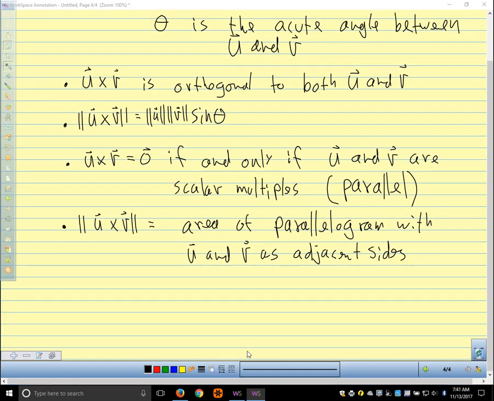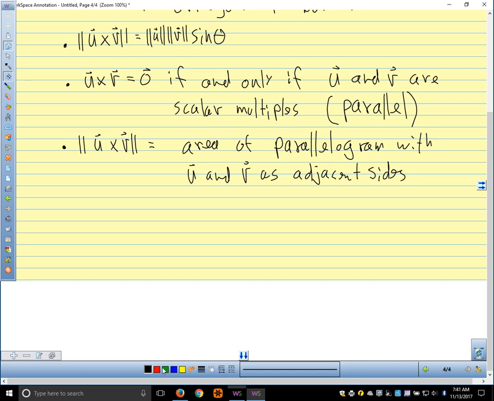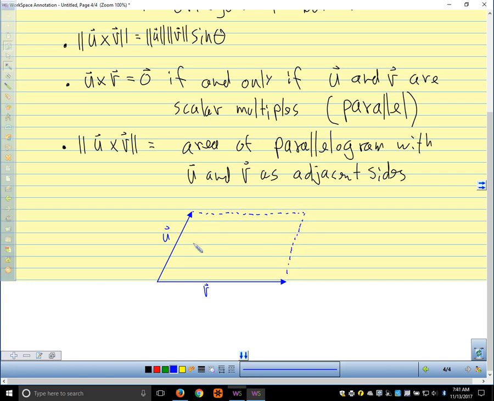Visually, if I have two vectors, there's u and there's v. If we turn this into a little parallelogram, the area equals the magnitude of u cross v.